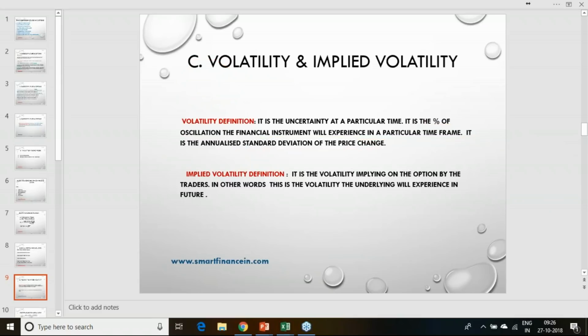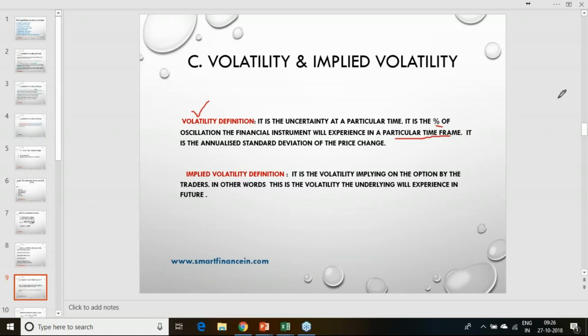That I can find out through some Fibonacci period or Gann to get some trend indicators. However, volatility says the percentage of oscillations, percentage of fluctuations, percentage of price change the instrument will experience in that particular time frame.